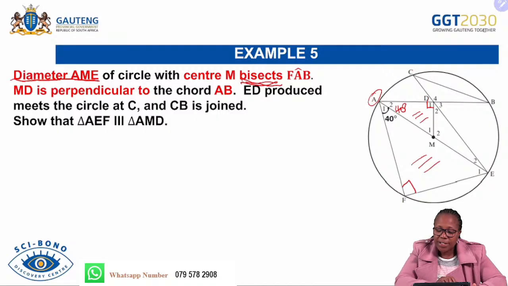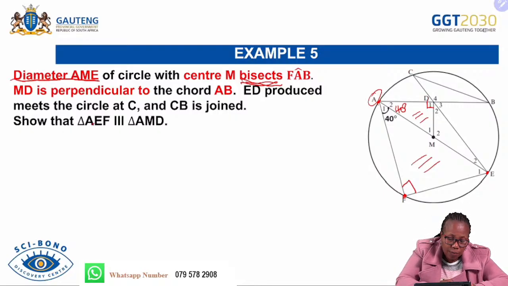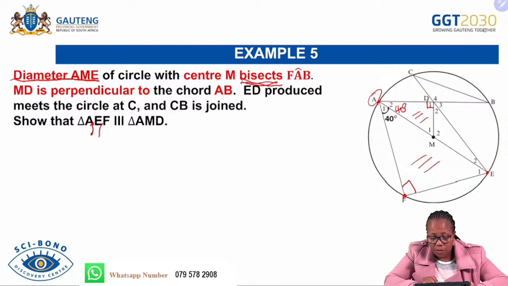Now, in triangle AEF, when they say angle A, they talk about A1. Okay? When they say E, they talk about E1. And then F is an open one.